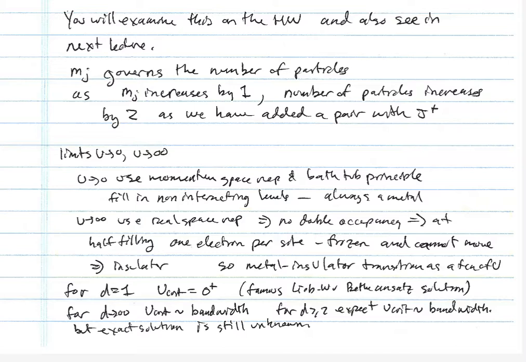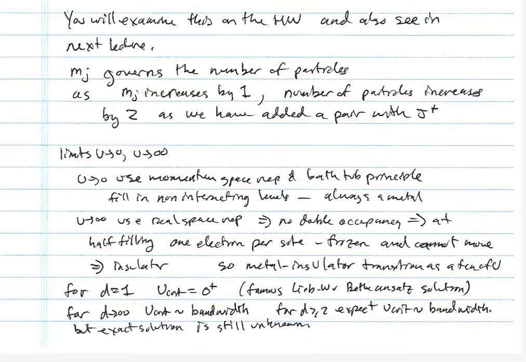Now, in the limit of one dimension, the critical U for that metal-insulator transition is U equals 0. The instant U is larger than 0, no matter how much larger, I immediately go from a metal to an insulator. The solution is given by what's called the Lieb-Wu Bethe ansatz solution, which by construction proved this result.